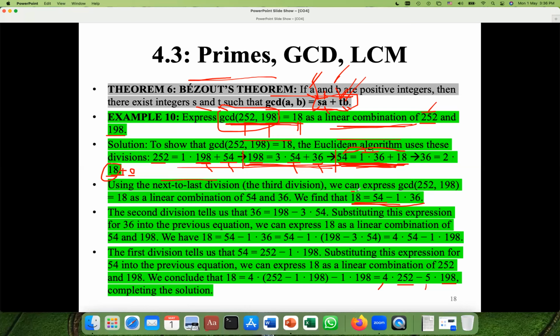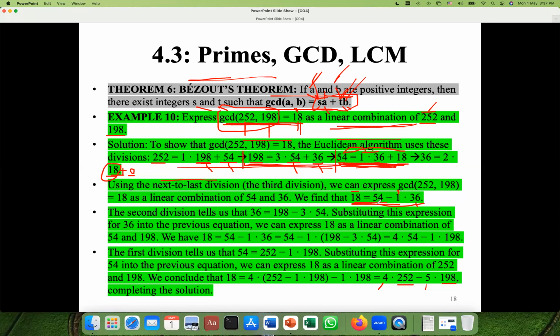So now this 18 is basically the GCD of this one. And this 54 and this 36 is now the linear combination of the GCD, but it is not final. With this B, we have 1, but with this A, we don't have anything.